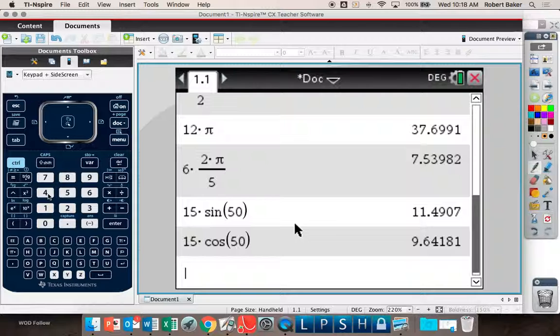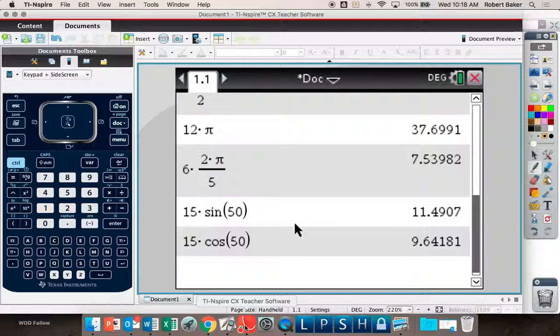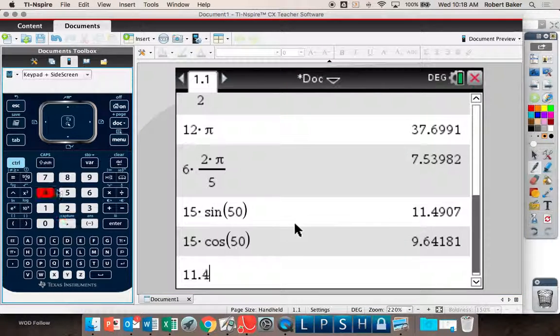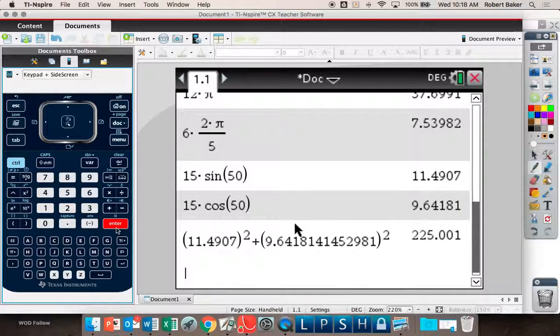So here's something I want to prove. Now that I have a triangle that is a right triangle, a squared plus b squared should equal c squared. I'm excited. 11.4907 squared plus 9.64181 squared should equal 15 squared.